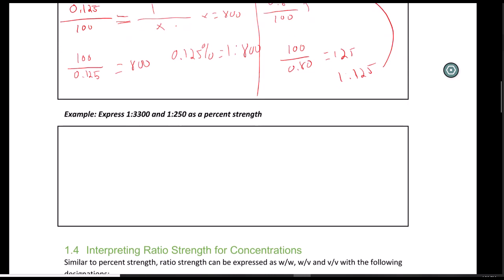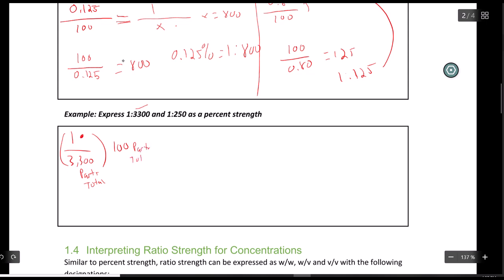To express the ratio strength as percent concentrations, let's look at what we do here. Here you're saying that 1 to 3,300 is saying you have one, right? One part. And when I say the word part, I mean that could be anything. It could be gram, it could be mLs, whatever you're using. 1, right? Per every 3,300. For a percent, we want to know what it is out of 100, right? This is 3,300 parts total, right? I'll call this parts total.